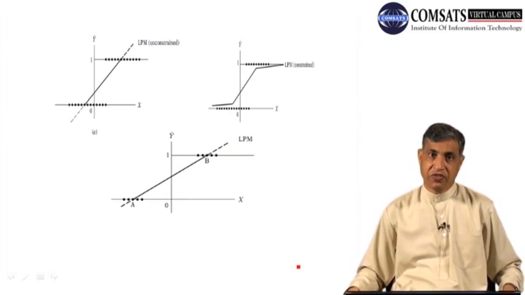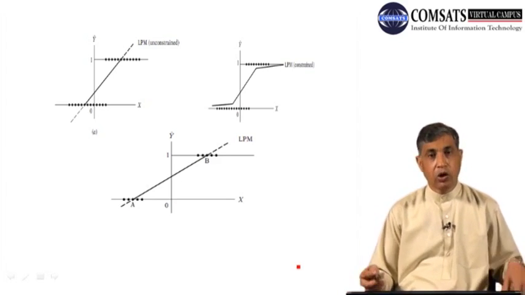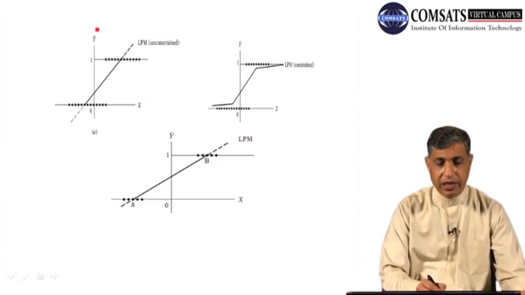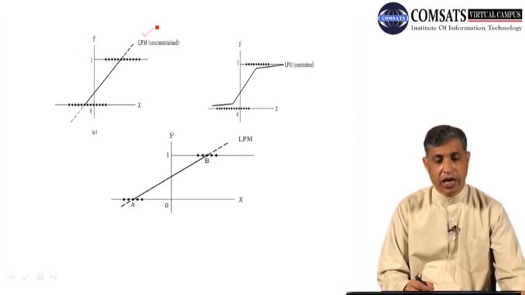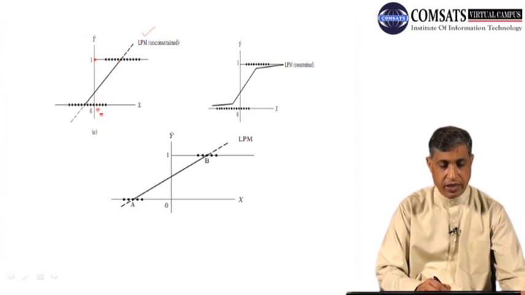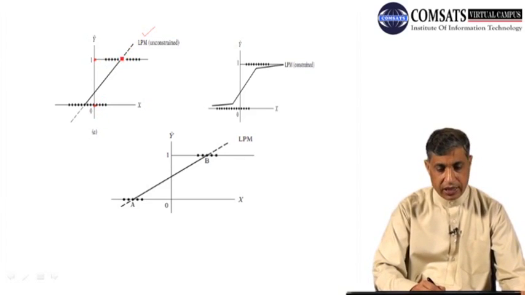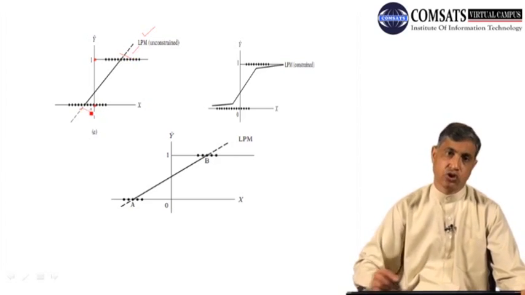Now look at some of the situations. These are the models here. This is the LPM, the linear probability model, and you can say it is crossing the limit. This is the maximum probability 1, this is 0, and from here the limit is exceeded, and this is less than 0.